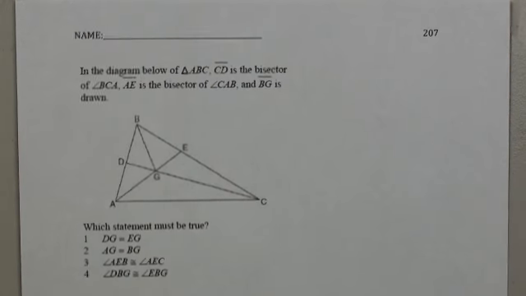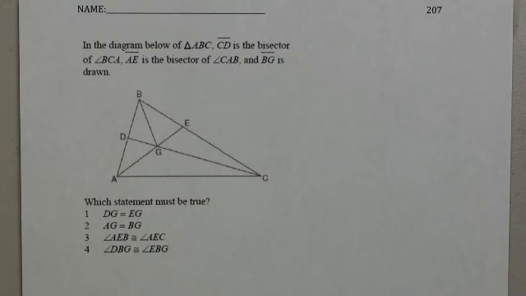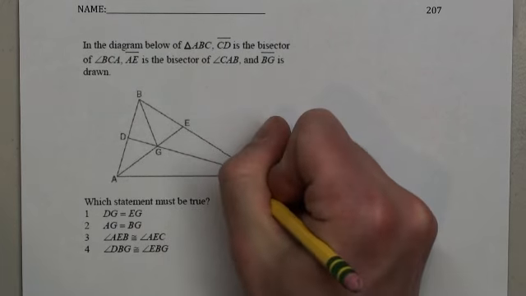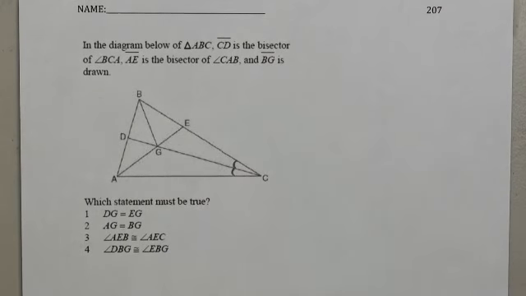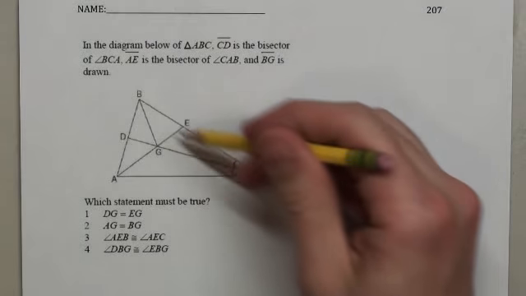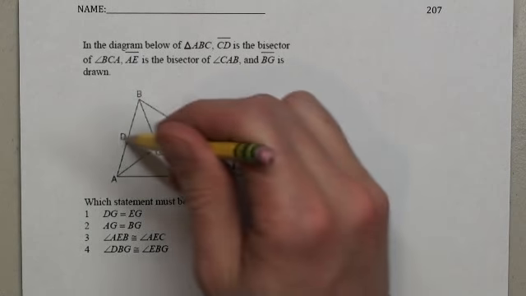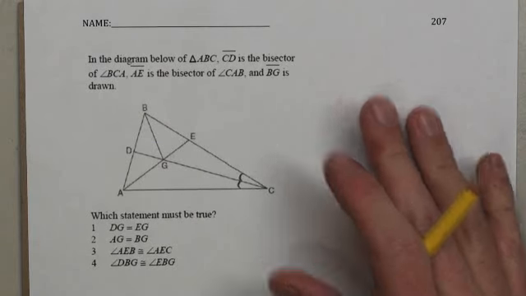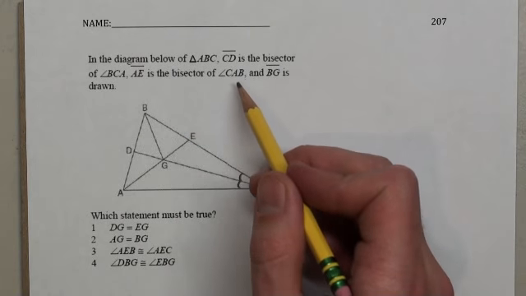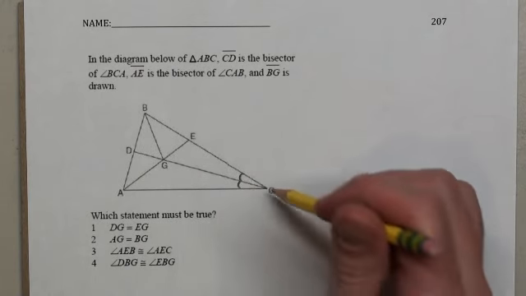In the diagram below of triangle ABC, segment CD is the bisector of angle BCA. So that means that this angle and this angle are congruent. Okay? BCA is bisected by segment CD. AE is the bisector of angle CAB.